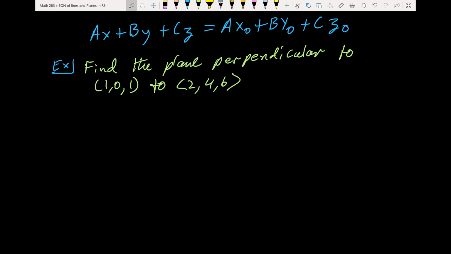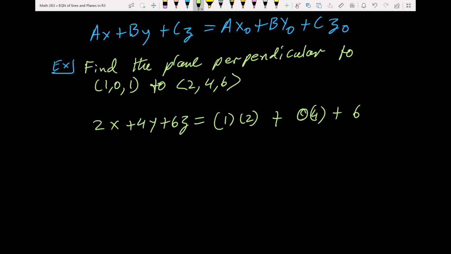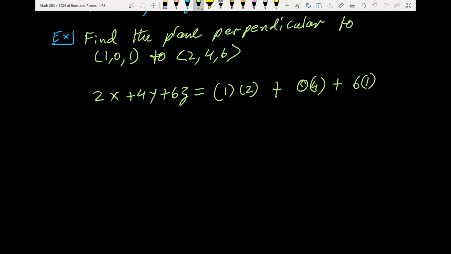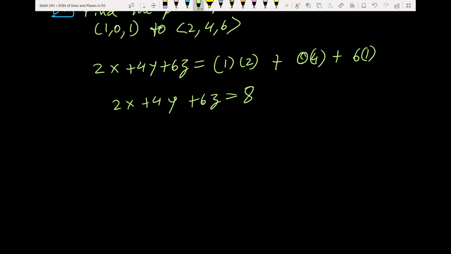So let's look at it. You get 2x plus 4y plus 6z equals 1 times 2 plus 0 times 4 plus 6 times 1, which gives us 2x plus 4y plus 6z equals 8, right guys? And we could reduce that: x plus 2y plus 3z equals 4.